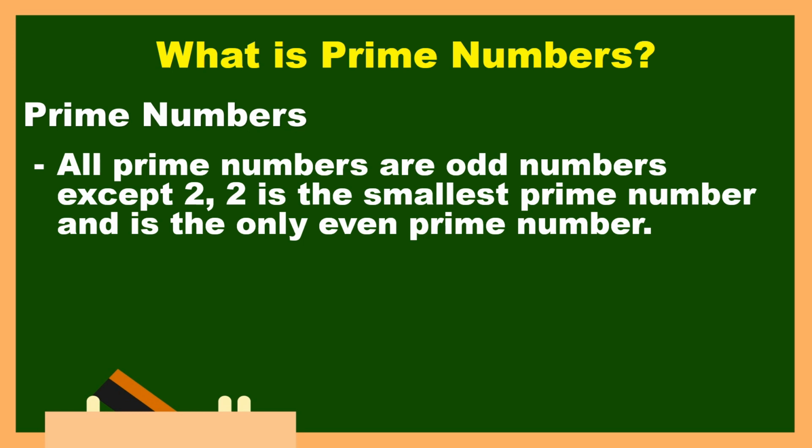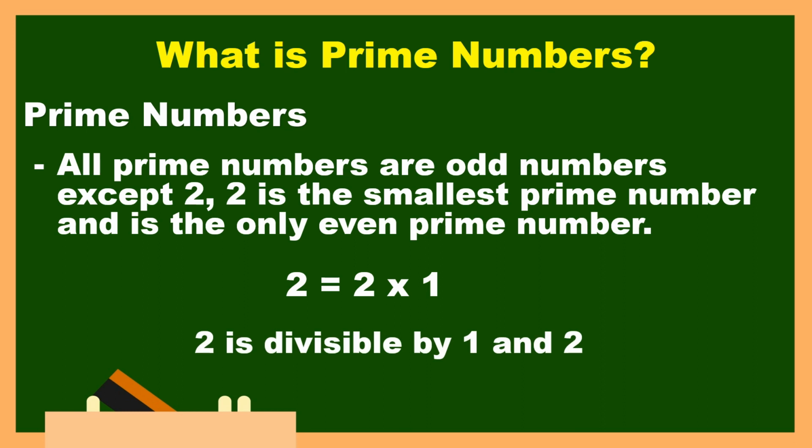So, bakit kaya? Ano kaya ang reason? Bakit siya ang pinakamaliit na prime number? Okay, so 2 is equal to 2 times 1. 2 is divisible by 1 and 2, meaning ang factors lamang nito ay 1 and 2, the 1 and the number itself.